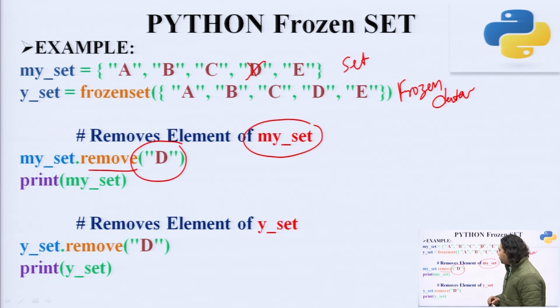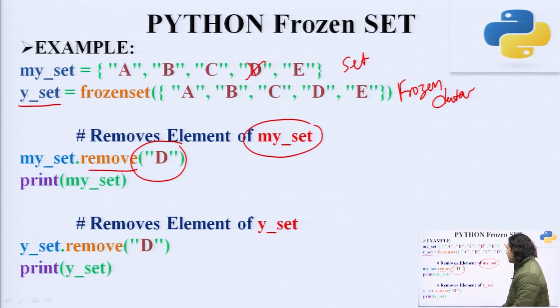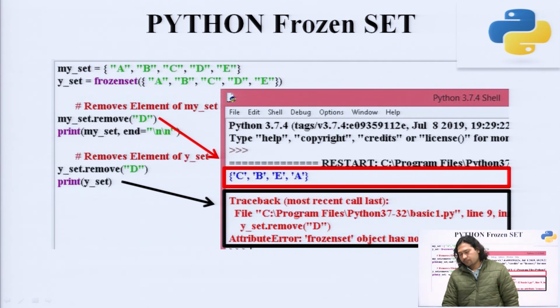But what about the frozen set given the name Y set? What is happening here is this frozen set is not working with remove. Why is it not working? Let us see why.